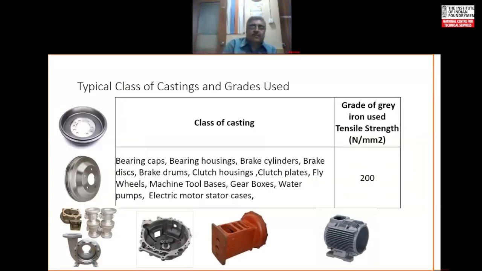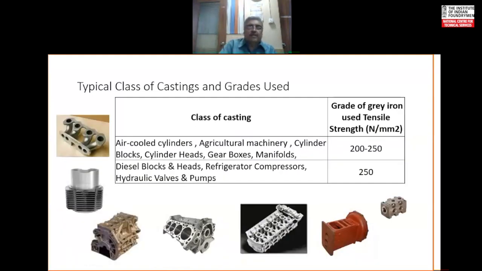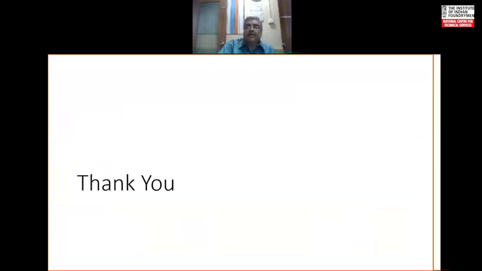And then bearing caps and bearing housing and brake cylinders, and this whole list, 200 grade irons. And then for air-cooled cylinders, agricultural machineries, 200 to 250 grade, diesel engine blocks and heads, hydraulic pumps. I have shown pictures of some of them here. We will go for higher grade irons.